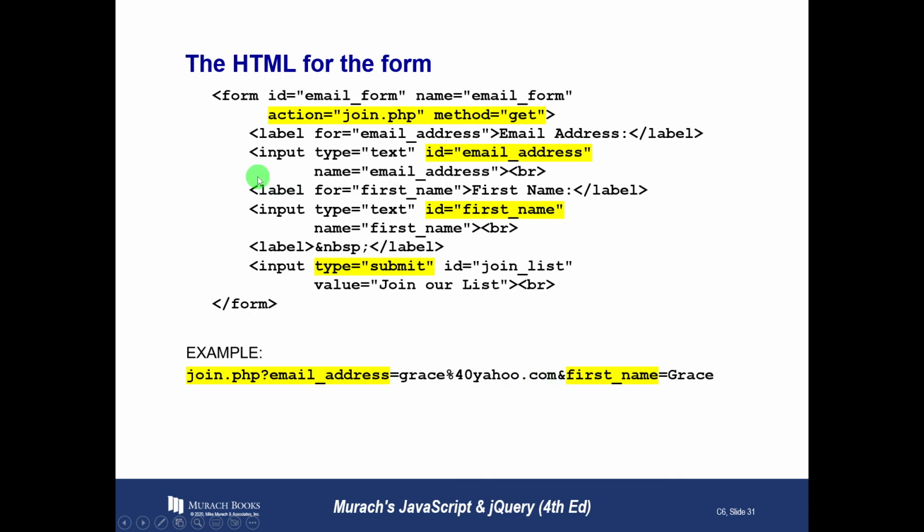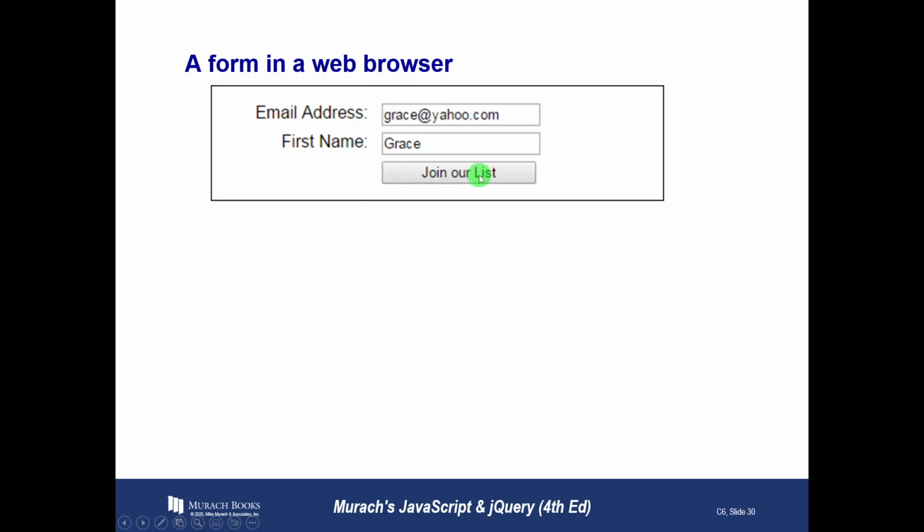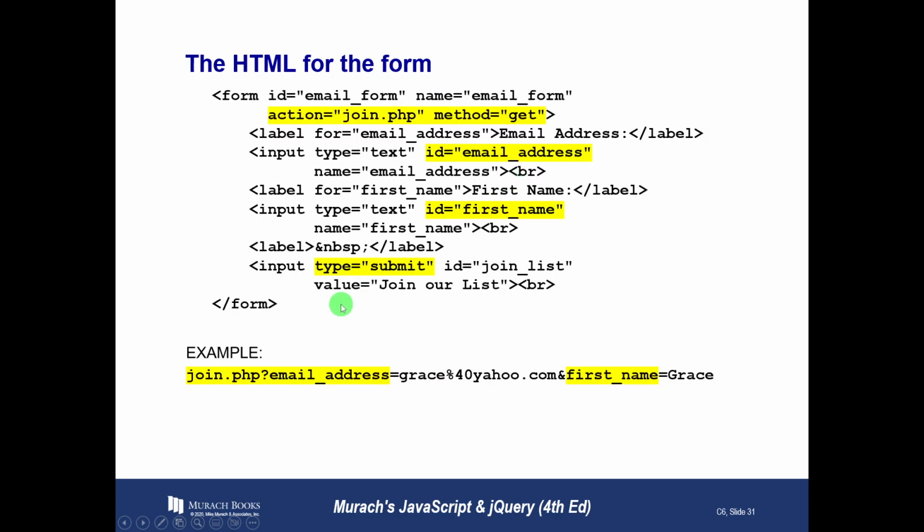And then we have another label for the first name text box and the actual first name text box, which is input type equals text. And its name is first_name, and that's what gets sent here. The very last thing we have is this join our list button, and the button says join our list, but its type is submit.